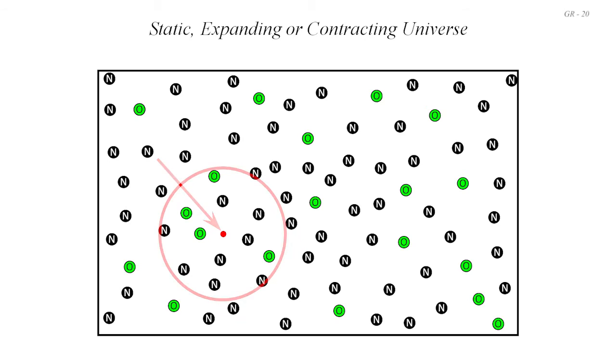We would probably consider some volume around the point so that it encompassed a large number of oxygen and nitrogen molecules, as well as anything else that might be there. And then we would take the mass enclosed in that volume, divided by the volume itself, to give us the average density at that point, and we'd call that the density at the point in the centre of the volume.